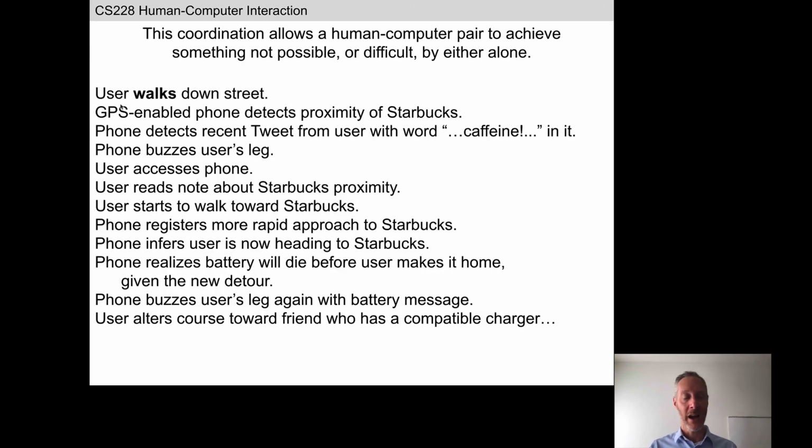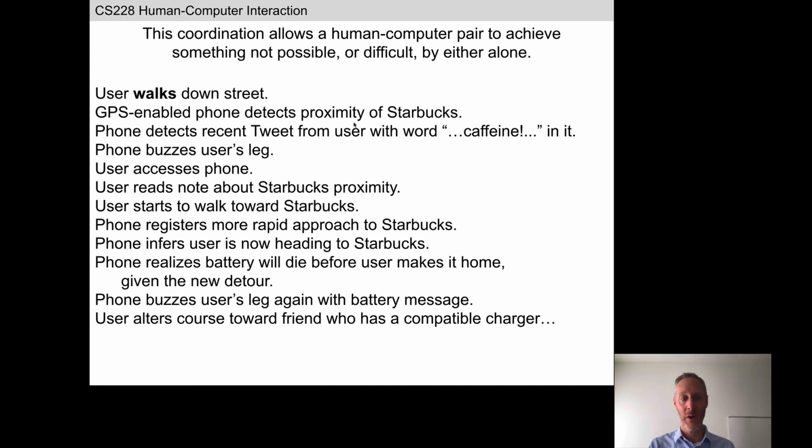Again, I used to give this as a hypothetical example in class. I don't know if there's an app that does this, but we're getting pretty close. You're walking down the street and your phone is detecting change in your GPS position, and it detects you're moving relatively close to a Starbucks. It's able to infer that maybe that's your destination, even if you haven't typed this into Google Maps, because maybe you tweeted something about caffeine or you visited that Starbucks multiple times before.